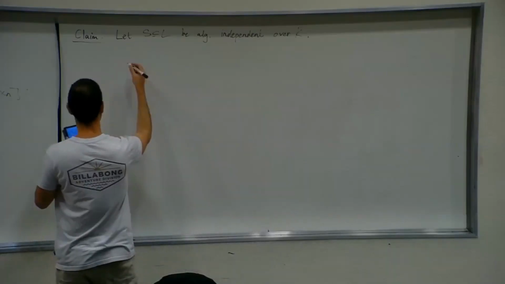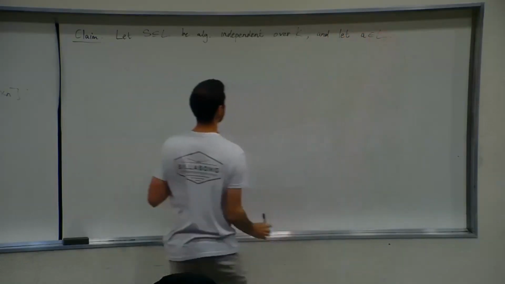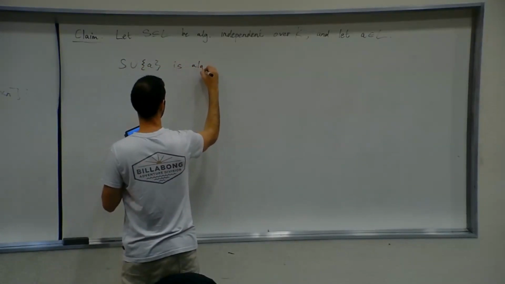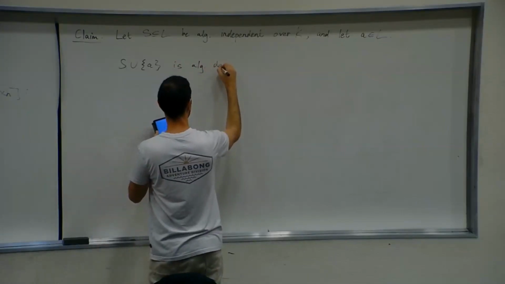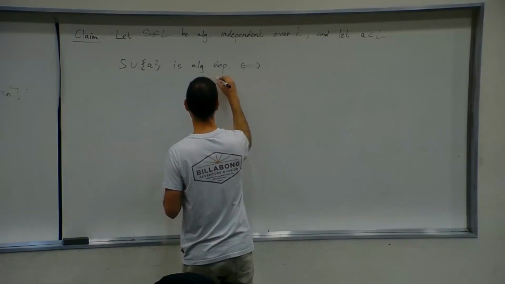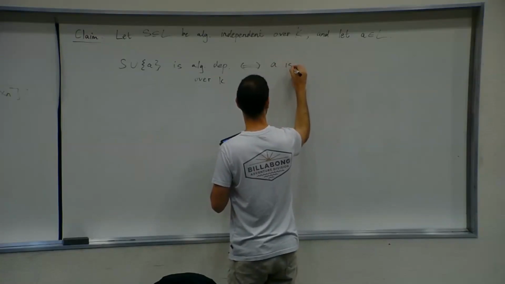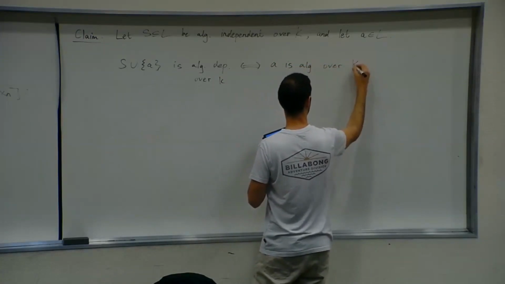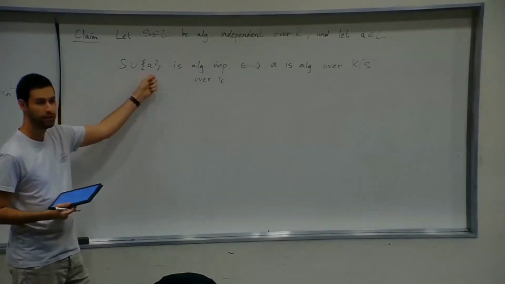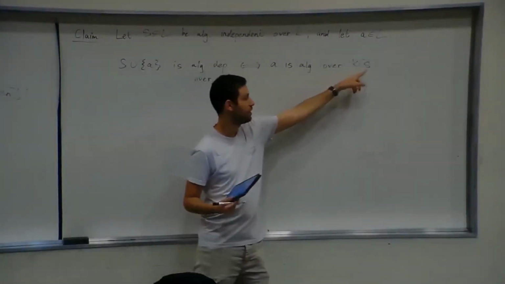The claim says: let S be algebraically independent over K, and let A be an element of L. If we add the new element A, then S union {A} is algebraically dependent if and only if the element A is algebraic over K(S).